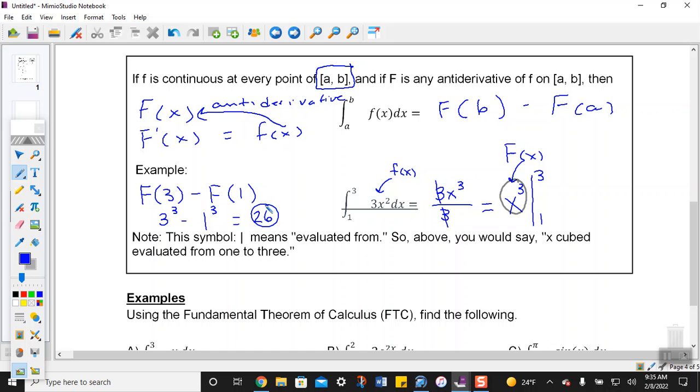Bump it up 1, right? So we would call this 2x to the fifth, but by rule I have to put that over 5. Okay, think about your derivative here, working backwards. What's 5 times 2? 10 divided by 5 is the 2. X, bring the power down, 4.